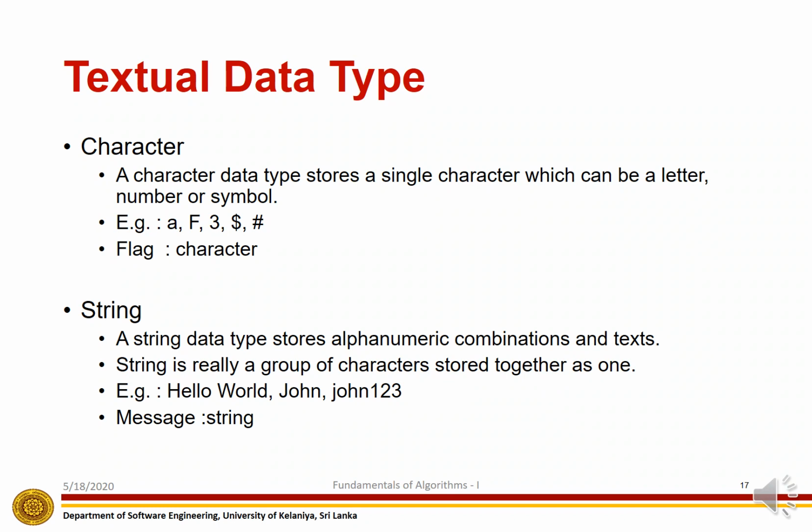Like that, we can store any combination of characters. Numbers to be used for calculations should not be stored as strings, even though they can be. They should be stored as integer or real. And in here also we can state string type variables in the algorithms as variable name colon string. In the slide example you can see message colon string like that.